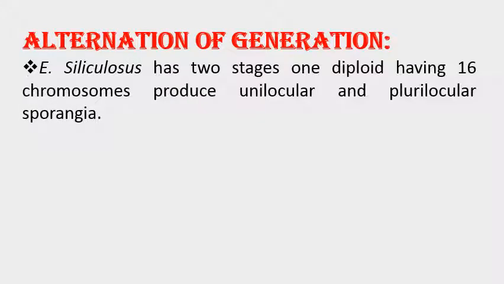Next we will discuss alternation of generation. So in this species of Ectocarpus, that is Ectocarpus siliculosus, it has two stages. One is diploid, having chromosome number 16, and produces unilocular sporangia and plurilocular sporangia.